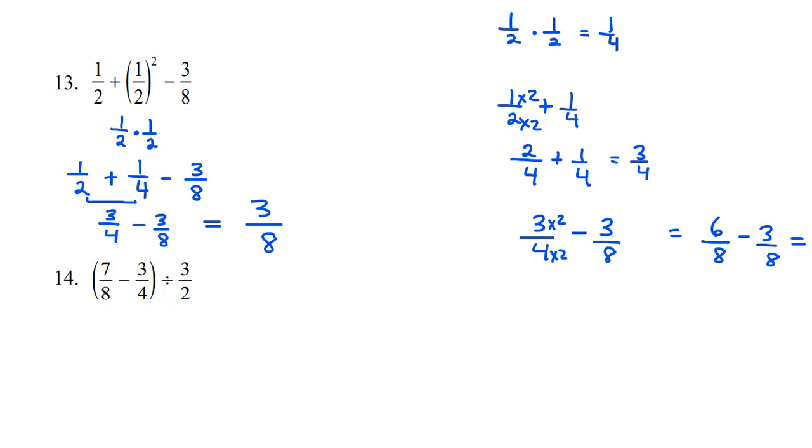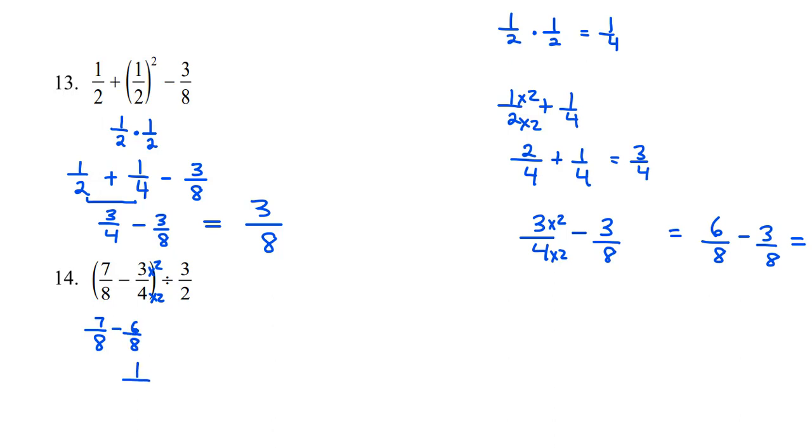For number 14, we have brackets. So we need to solve what's inside the brackets first before we divide. We see we have unlike fractions and subtraction. So we're going to multiply the second fraction to raise its terms, giving us 7/8 minus 6/8.